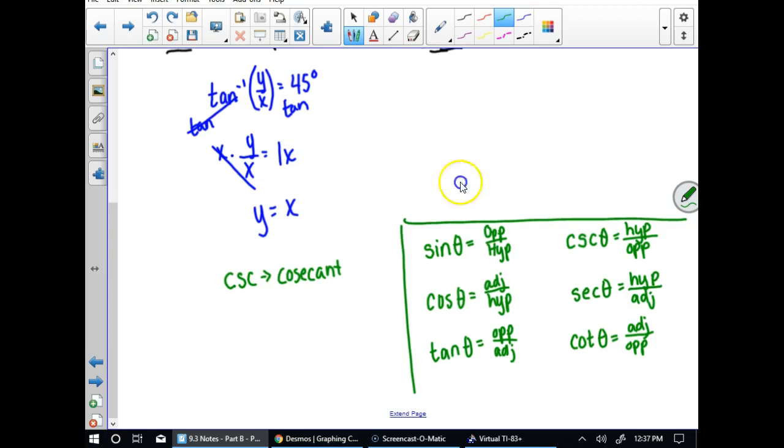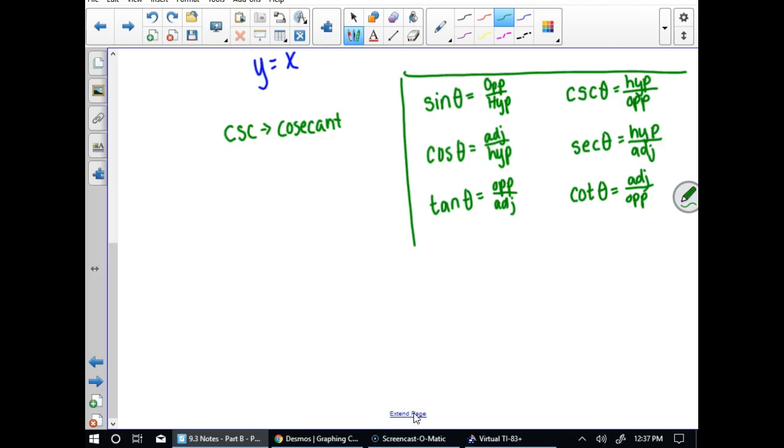Now, what I really also need to know here is this. If we have reciprocals here, that means sine of theta equals 1 over cosecant of theta. If I have 1 over something, it flips that number.